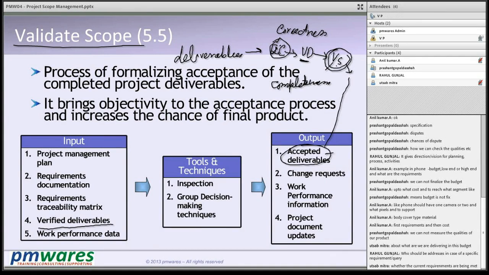Either he will accept it or give a change request.